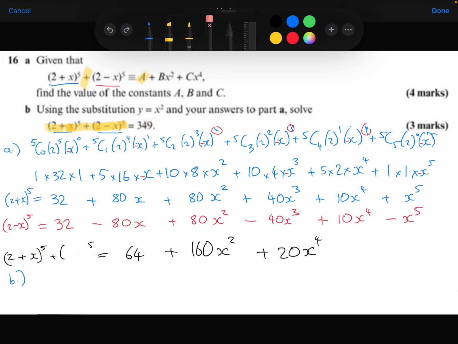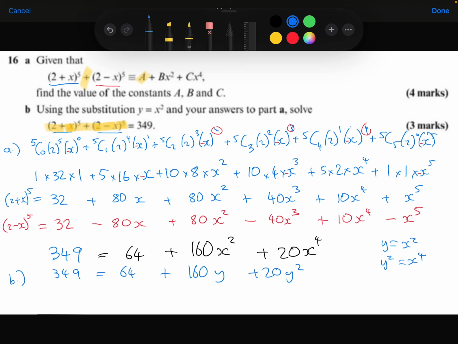So I can replace all this with 349. And now I have a quadratic equation to solve. I'm just going to use that substitution. So if y equals x squared, then y squared would equal x to the power 4. So I could now say that 349 equals 64 plus 160y plus 20y squared.